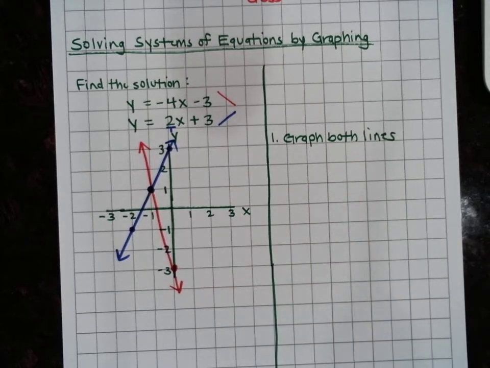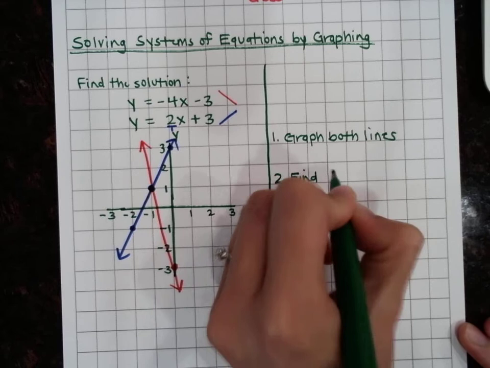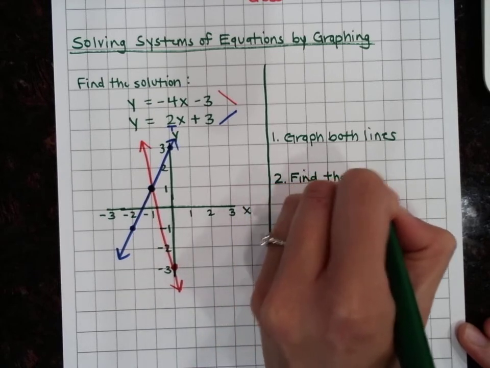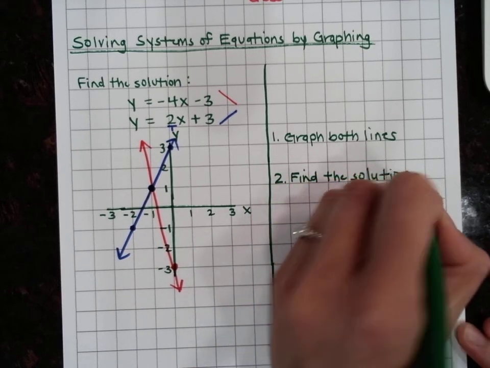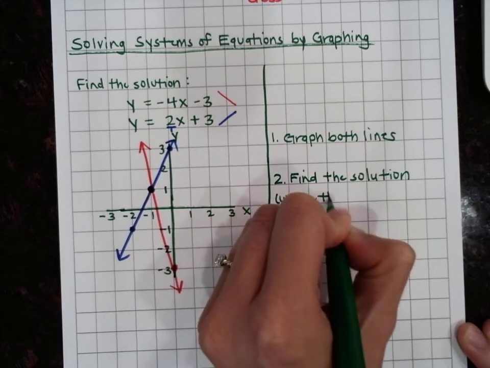So once we graph both lines, the next step is to find the solution. Which we said is where the lines cross.